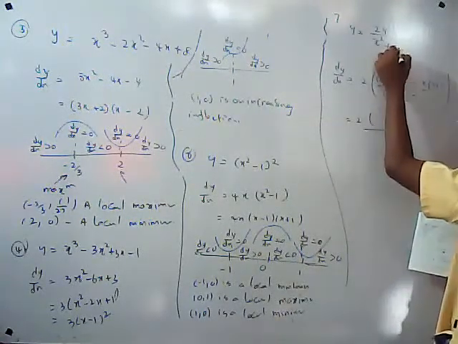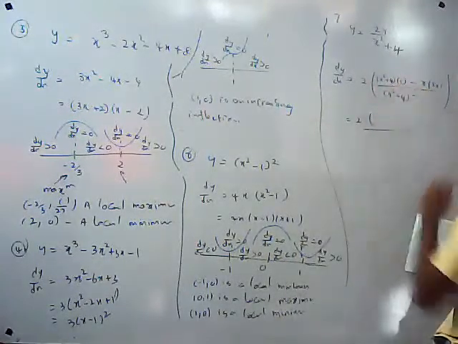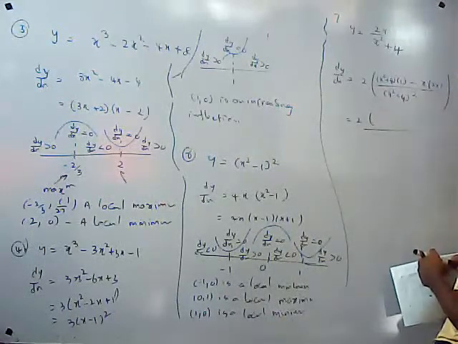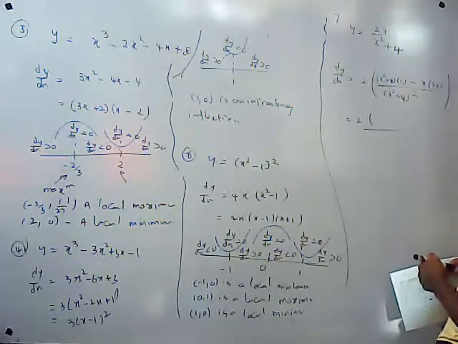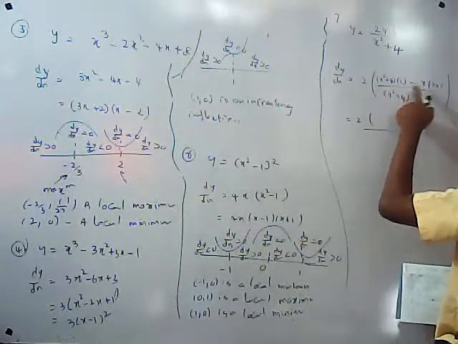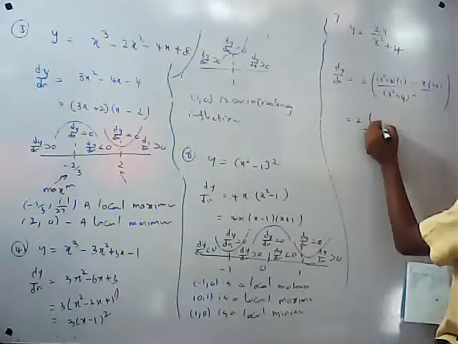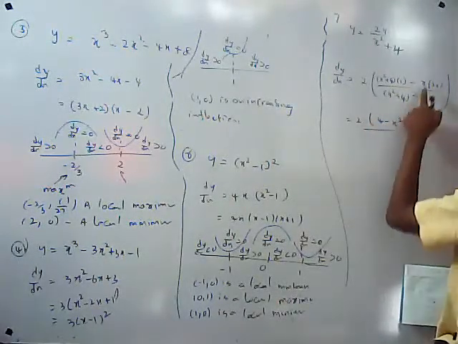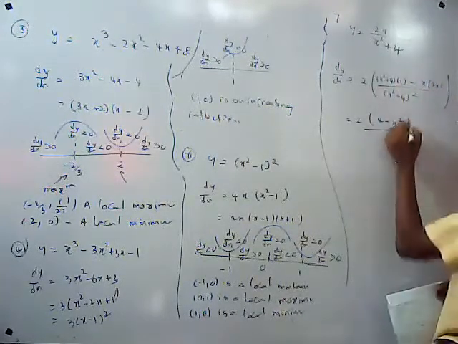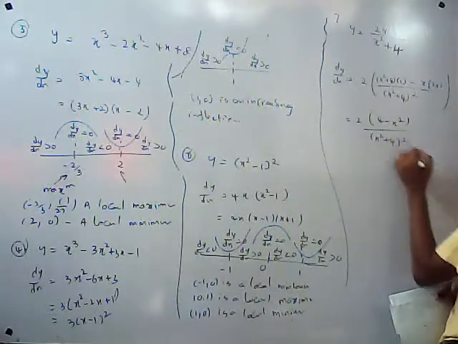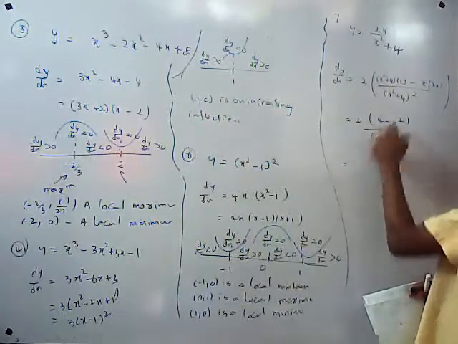Let's do it with plus 4. With plus 4 we get x squared plus 4 into 1 minus x into 2x, so the numerator is 4 minus x squared. Fine, no problem. Over (x squared plus 4) squared. Then better we take minus 1 out.